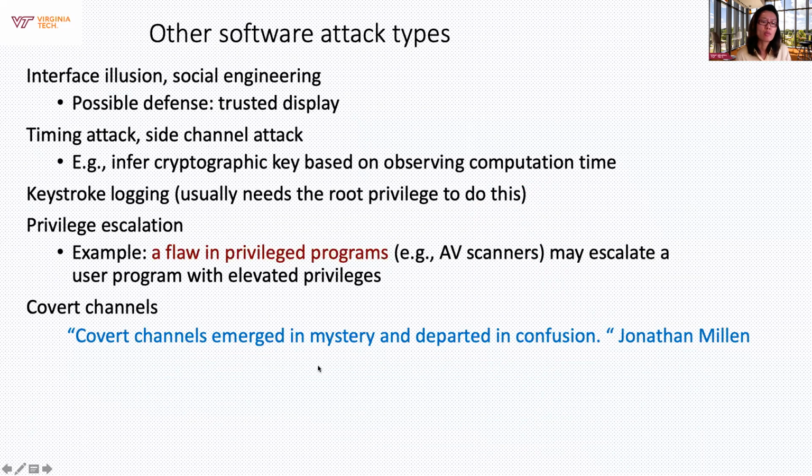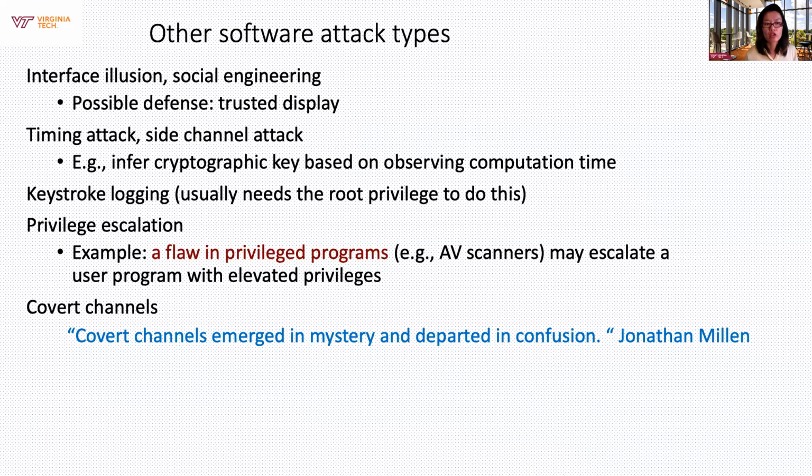I want to talk a little bit about several other types of software attacks. One is interface illusion. When you see a padlock on a browser, do you know if it means the certificate is valid, or is it just an image of a padlock, right?